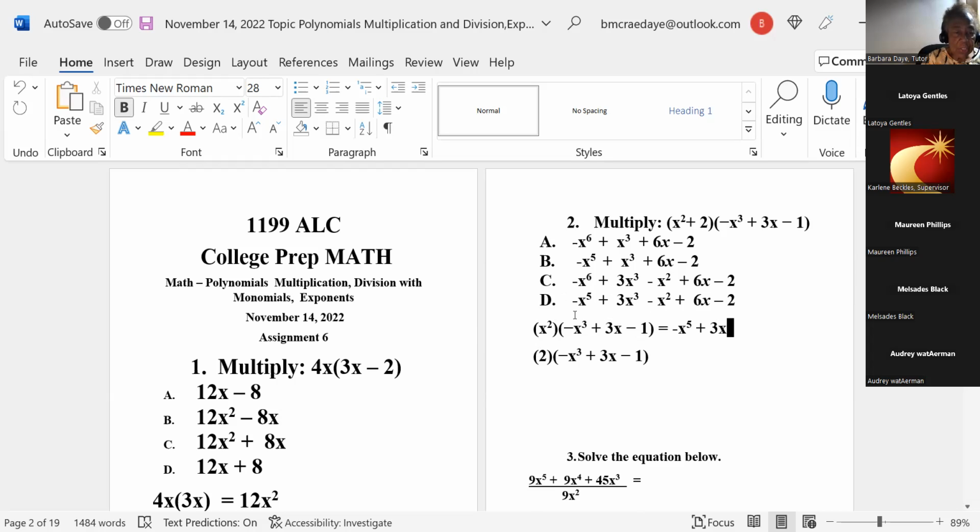So because 2 plus 1 is 3, let's put here x to the third. Mercedes, you clear on that? Yes. You sound hesitant. So you multiply the coefficients. That's the number in front of the variable. So 1 times 3 is 3. Add the powers, 2 plus 1 is 3. Now let's go to the next one.